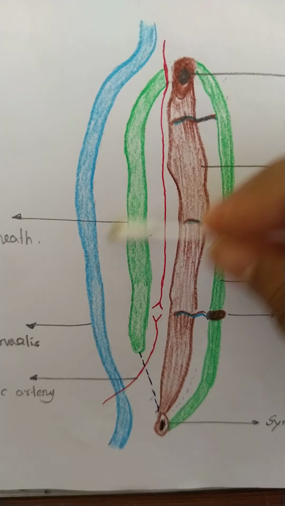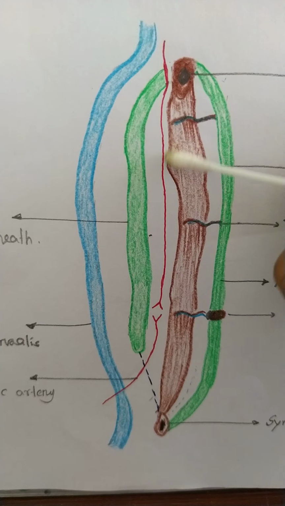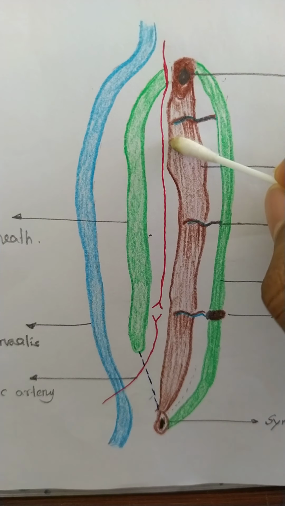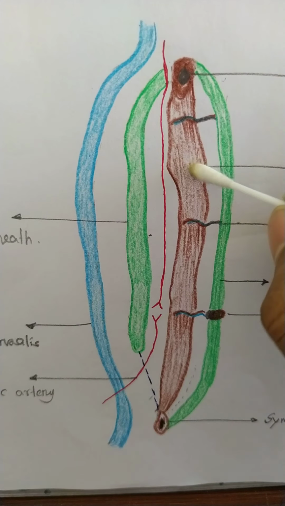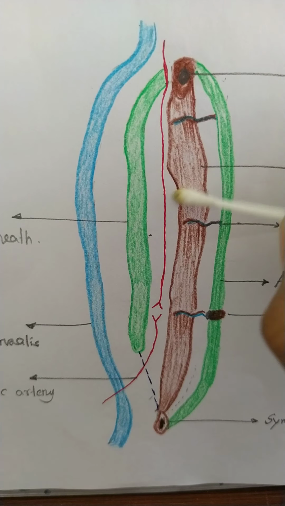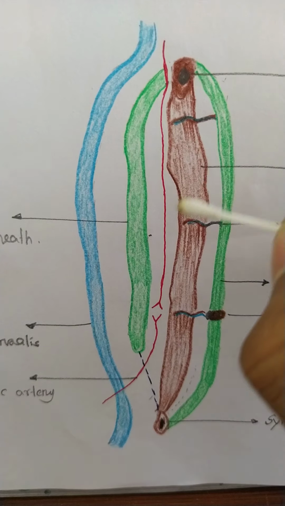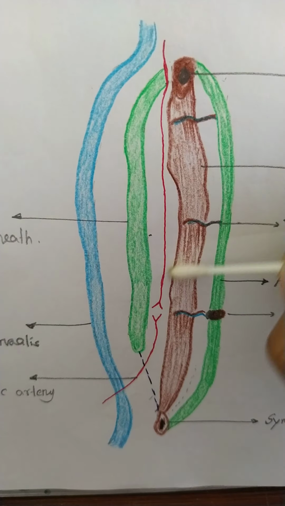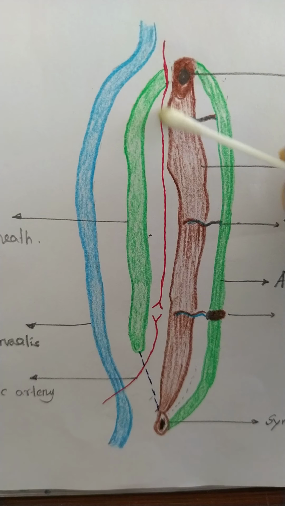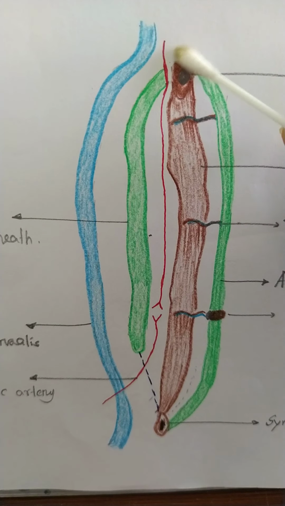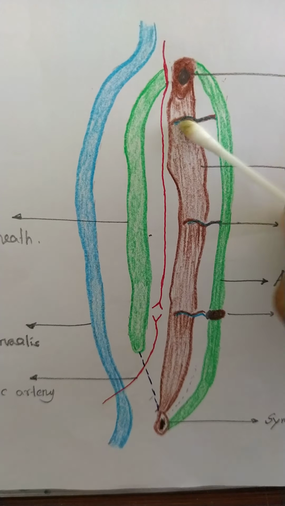And what is the superior epigastric artery? It is the continuation of the internal thoracic artery. You should know the branches of these arteries, because it is something asked in the exam: the superior epigastric artery is the continuation of the internal thoracic artery.